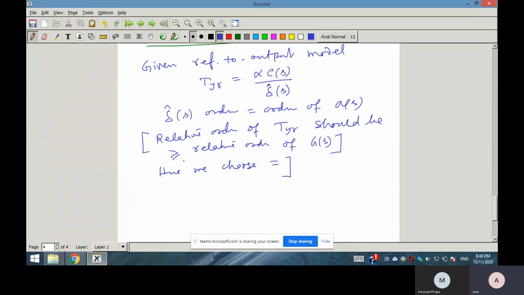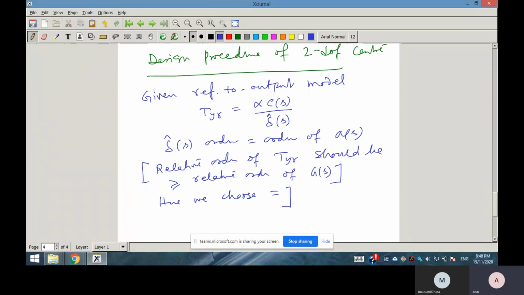Okay, so now this is your given reference input to output model. This model the designer actually has to choose based on settling time, peak overshoot, all the specifications. So the designer has to choose.